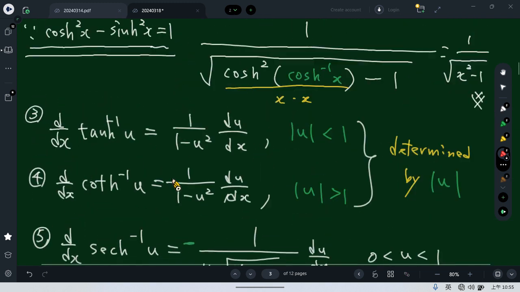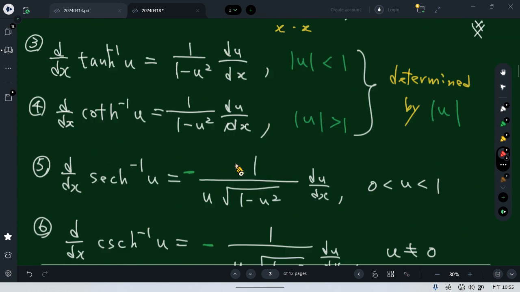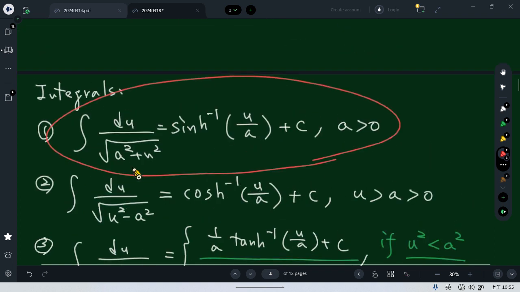So you can see they look quite similar. So that's why I also told you that here we just let u become v over a, right? With this, then we can get this. Just what I showed you for the integral in the inverse of the trigonometric functions.